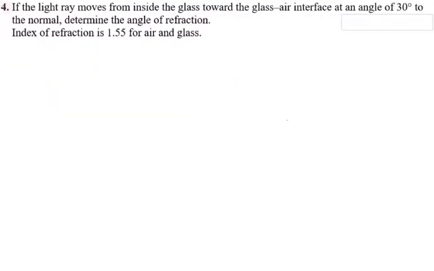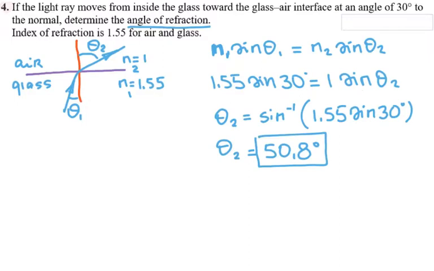In this question 4, they say if the light ray moves from the inside of the glass toward the glass-air interface at an angle of 30 degrees to the normal, determine the angle of refraction. The index of refraction of the glass is 1.55. So here I have the light coming out of glass and into the air. The angle of refraction is going to be bigger because the air is thinner than the glass.